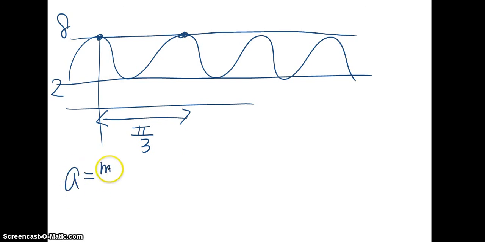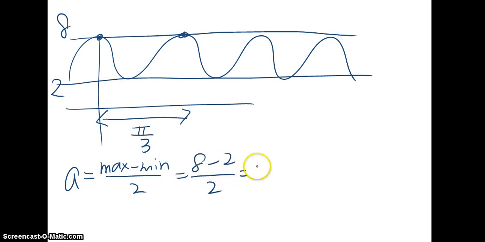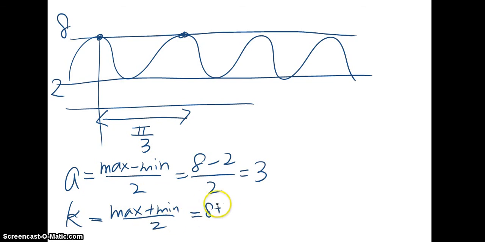A is max minus min divided by 2, so the answer is 3. The k value, or some books call it the d value, is you add them and divide by 2, so that is 5.